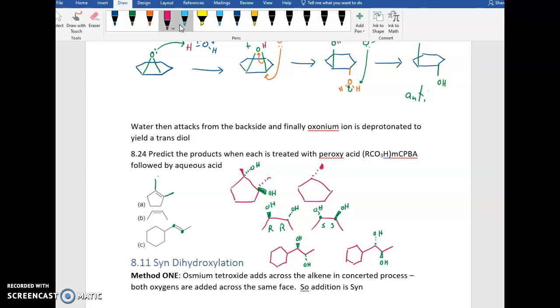That's the methyl group, and that's the methyl group, and then we need to put our hydroxys on, one on a wedge and one on a dash. And that's done. That's this one. And I'll meet you with syn dihydroxylation next.